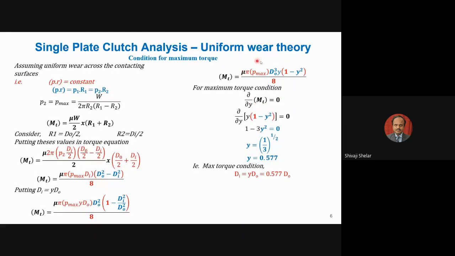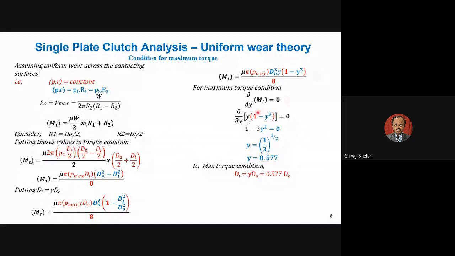I am not going to change mu, I am not going to change pressure, I am not going to change the outside diameter, so these become constant. What is variable for torque carrying capacity at this moment is only this y factor, that is nothing but your inside diameter. So you take the partial derivative of only this part and equate it to 0 to get the condition for maximum torque.